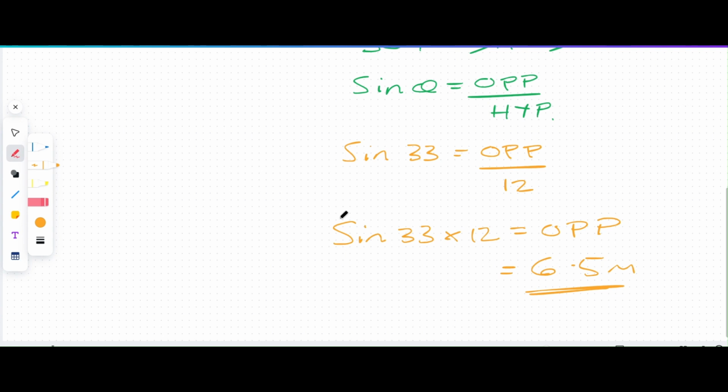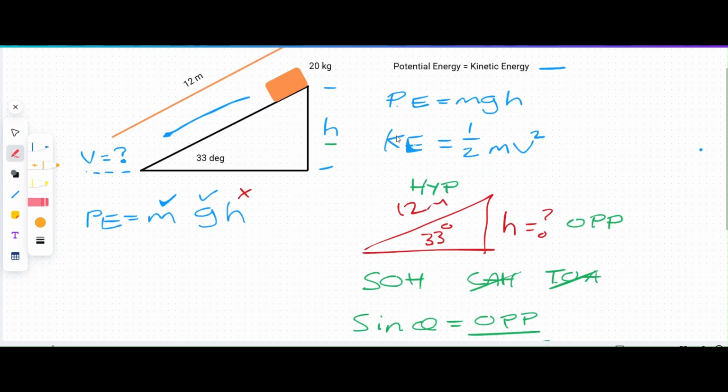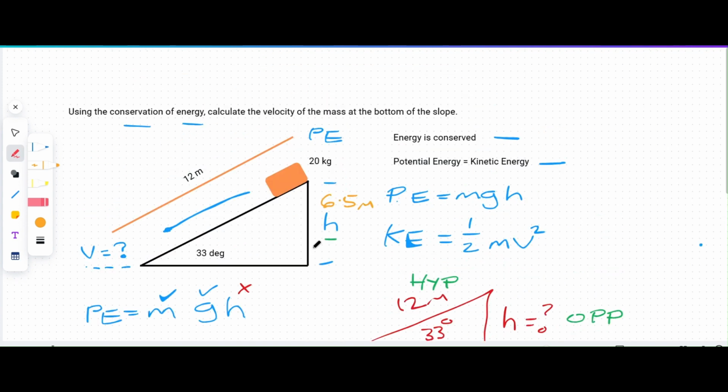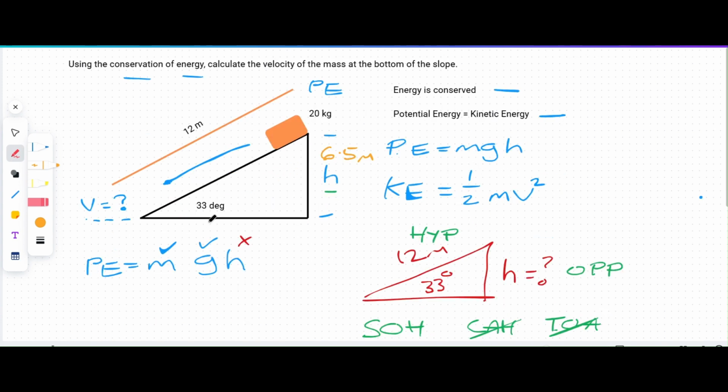All that means is this thing here is 6.5 meters up. So now using just the conservation of energy, okay, we're ignoring friction, okay, we're ignoring the losses, okay, we haven't got to find acceleration. That's the other method, we'll get onto that. We're just using purely conservation of energy, difference in heights.